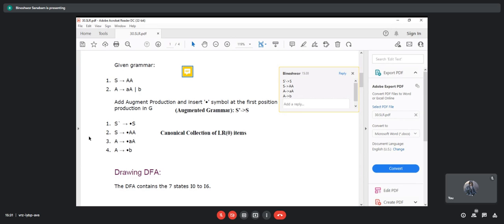So this is our canonical collection of LR0 items. Once we have these LR0 items, now we have to draw the DFA diagram.